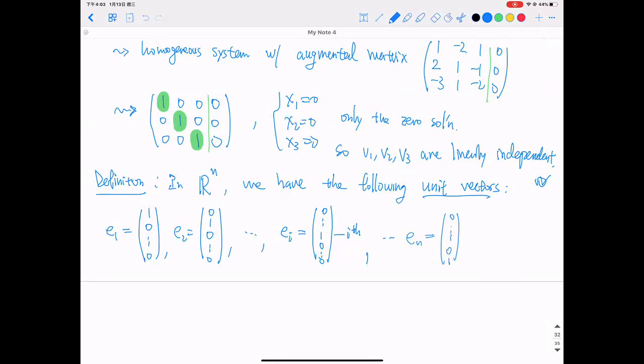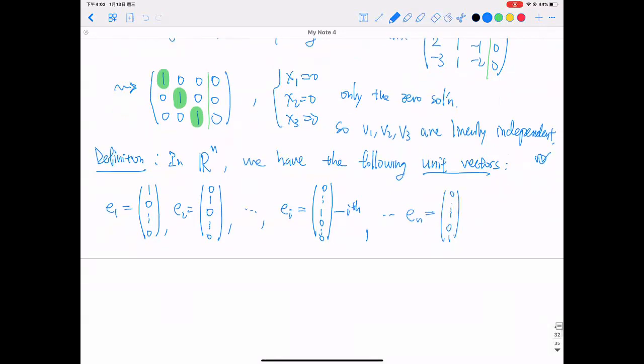These are all n-dimensional vectors. And they certainly look very special, right? They're very simple for one thing, because their entries are all 0 except for one 1. Now the first observation is that E1 through En are linearly independent.